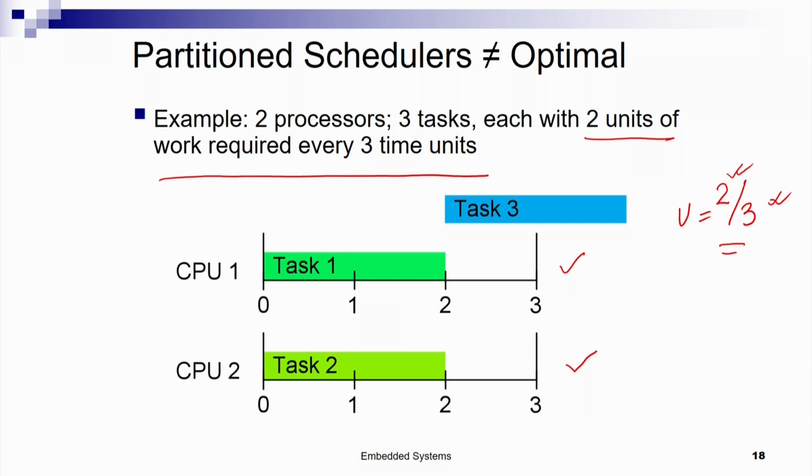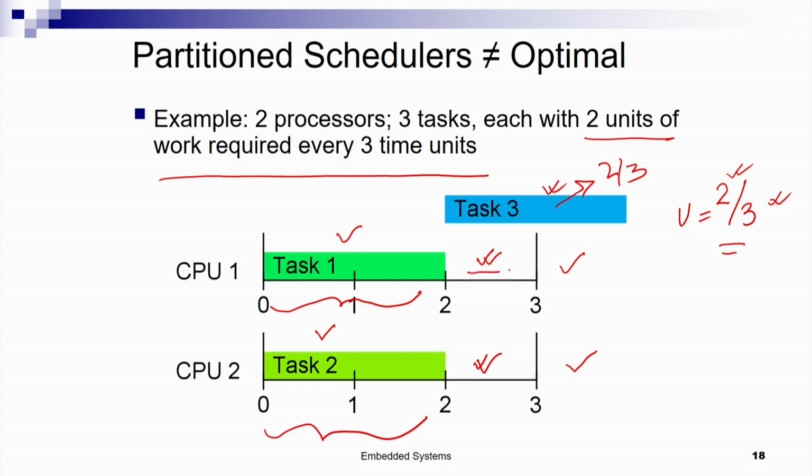When we are partitioning, we put the first task onto CPU 1, we put the second task onto CPU 2, but we cannot put the third task into any of these processors. This task has a weight of 2 by 3, and here you have 1 by 3 remaining and here also you have 1 by 3 remaining. 2 by 3 has been used by task 2 on CPU 2, 2 by 3 has been used by task 1 on CPU 1.